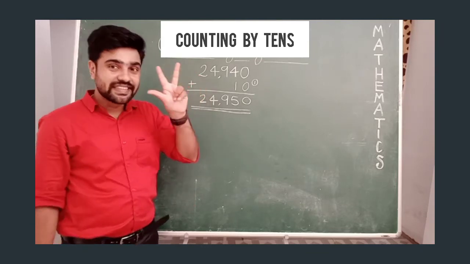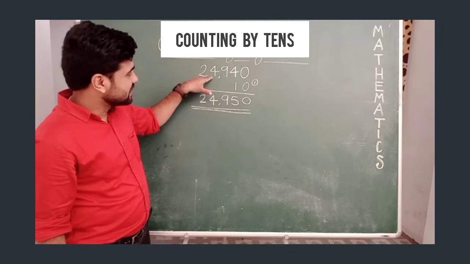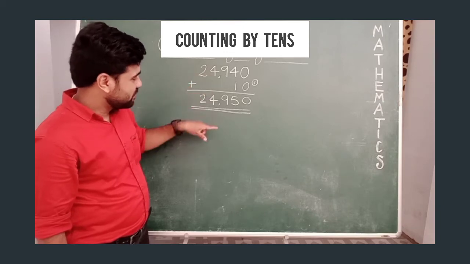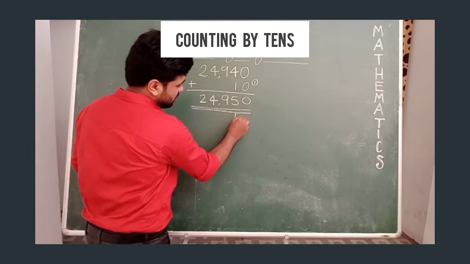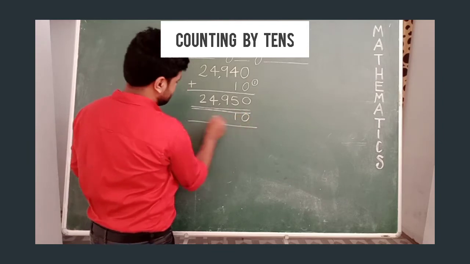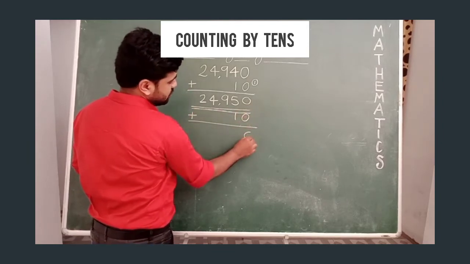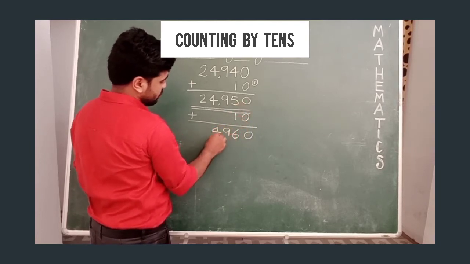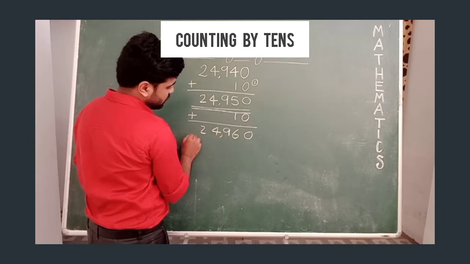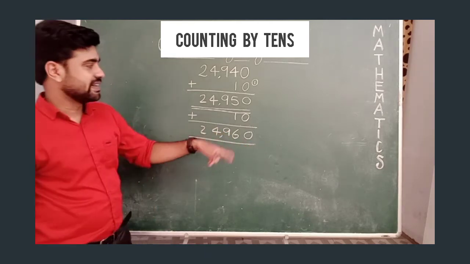We have to write three numbers after the given number, and for getting the next number, again add 10 to this number. 0, 5 plus 1, 6, 9, 4, 2. 24,960.